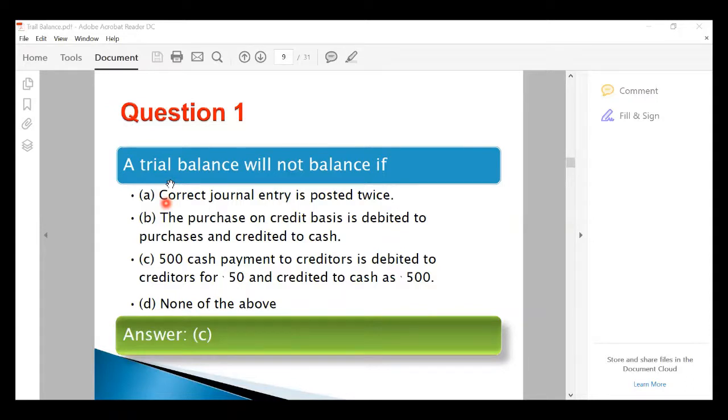The question is, will not balance. So this will balance: a purchase on credit is debited to purchases and credited to cash.